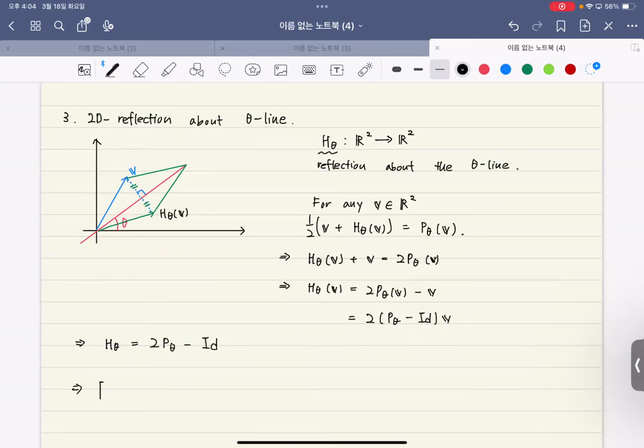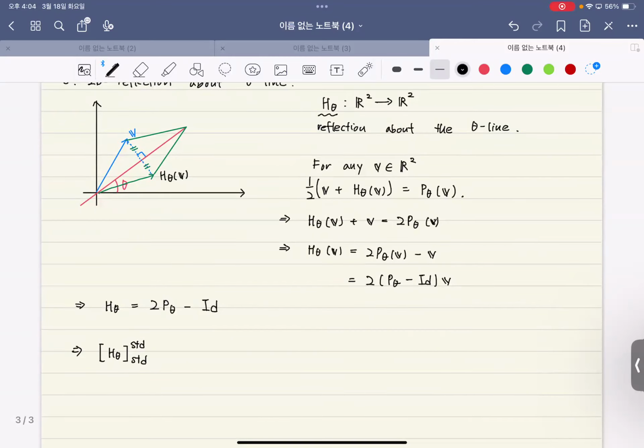Now we almost got to the conclusion. I want to find a matrix representation of the reflection in terms of the standard basis. Then this is precisely 2 times the projection matrix minus the representation of the identity transformation in terms of the standard basis.